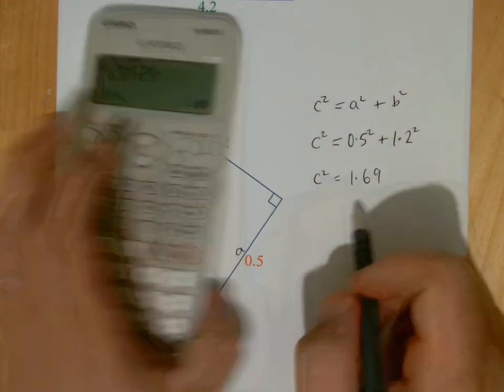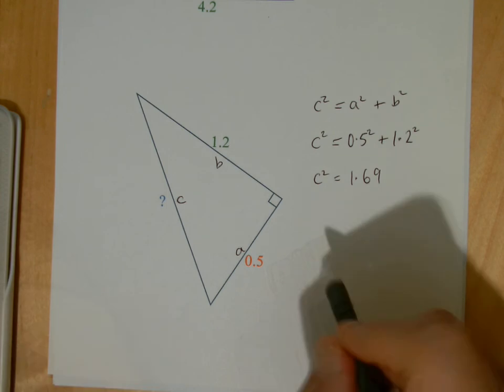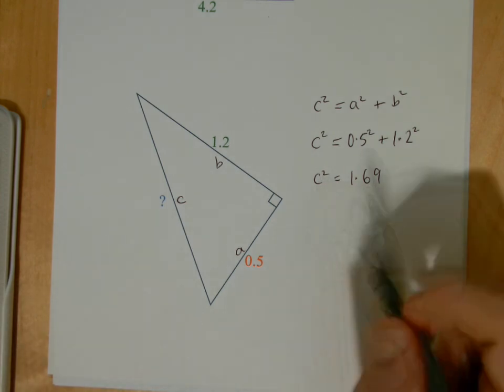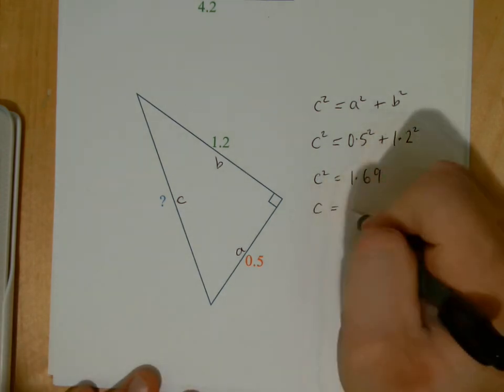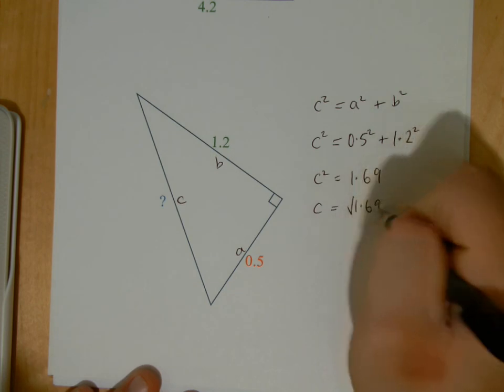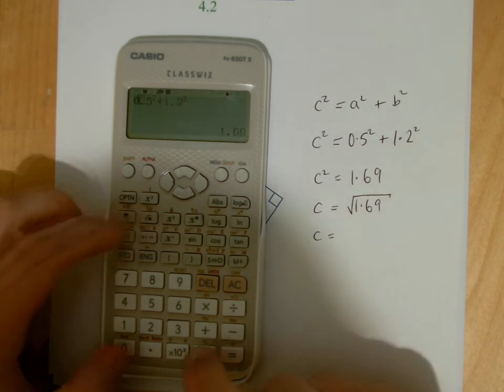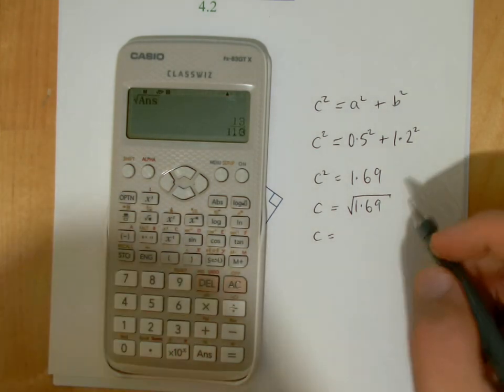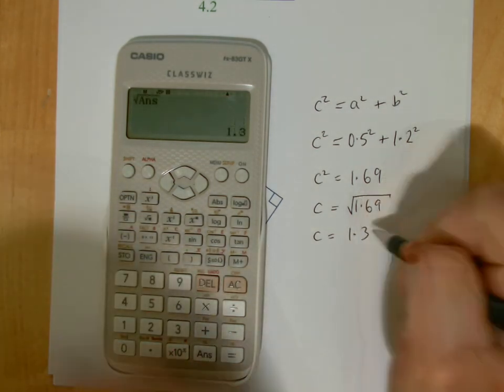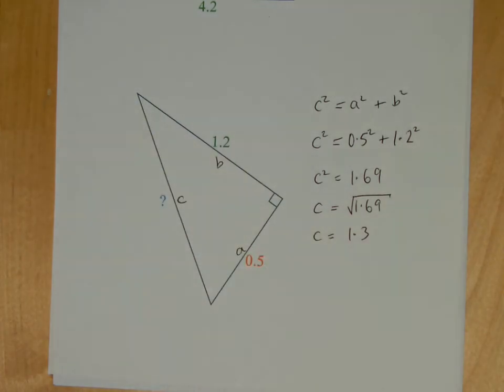So remember, now that's c squared, but I need to work out c. So what am I squaring to get 1.69? To work that out, I've just got to do the opposite and square root that answer, and I get 1.3. So that side there is 1.3.